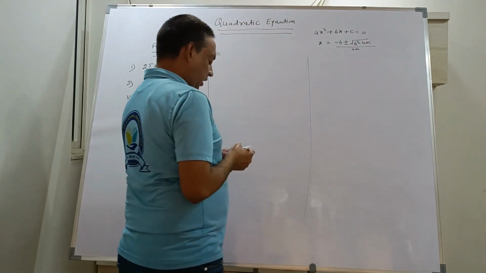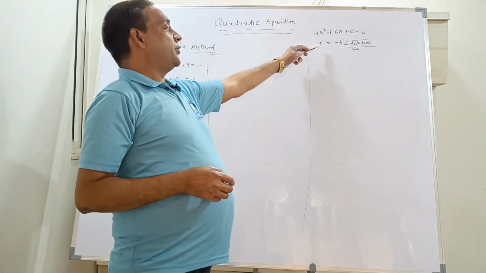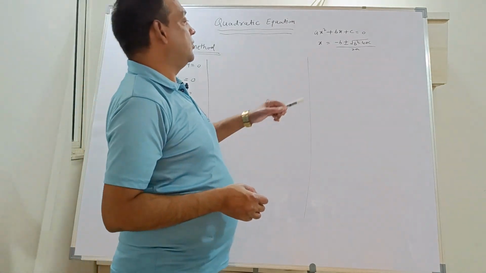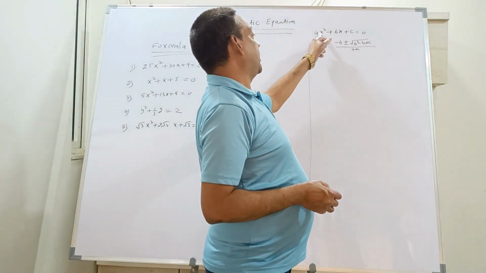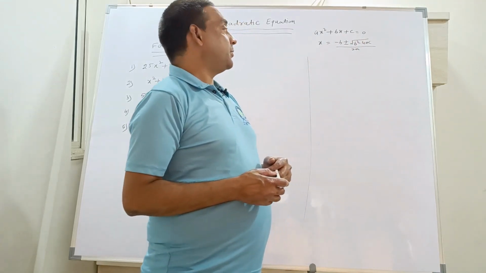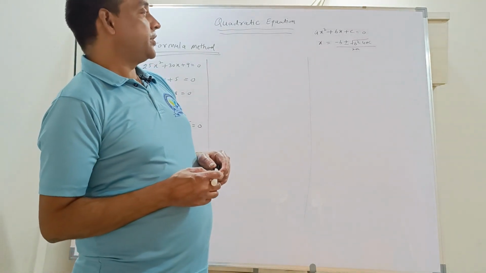If you want to see the derivation of how we got this, you can see part 1 of the quadratic equation. You will come to know how we derive the formula from ax square plus bx plus c equal to 0 to x is equal to minus b plus minus root of b square minus 4ac upon 2a by using completing the square.